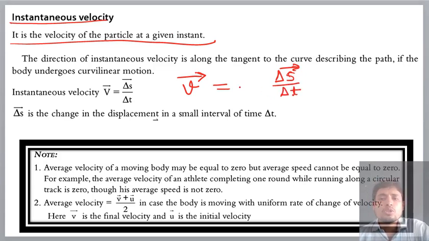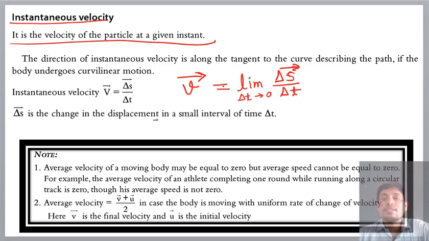Okay. So we have to mention the time interval is very, very small, and the way of mentioning it is limit del T tends to 0. This represents that the del T time interval is very, very small, and the ratio of del S upon del T is called the instantaneous velocity.